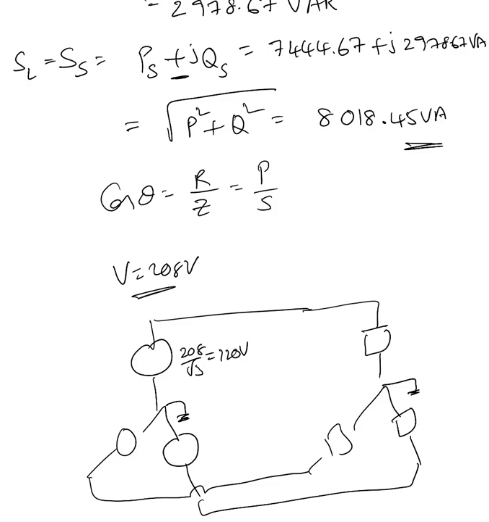So we can convert a star connected source into a delta, or a delta connected source into a star, but make sure the voltage appearing across the load will not change. As long as you keep that, you can make the conversion.